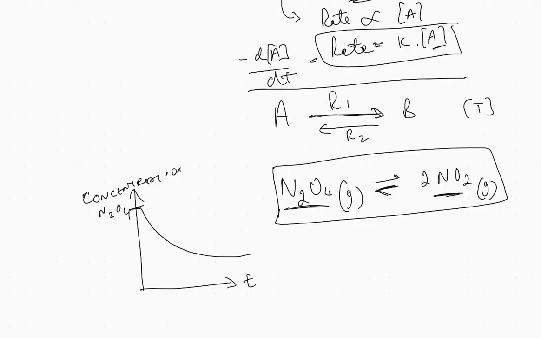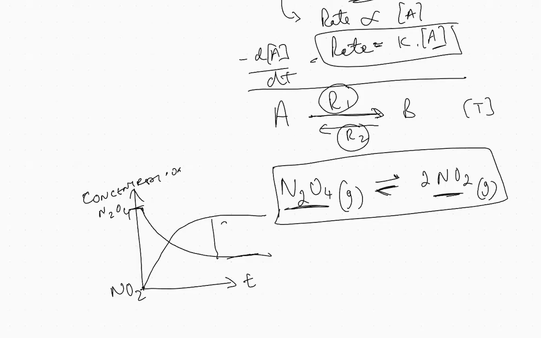Normally, if it is only one way, this reactant disappears and the product appears, so at the beginning the product is 0 and it slowly goes up. At one point, this forward reaction and the backward, or reverse, reaction become equal. When they become equal, that is when equilibrium is achieved. This area is where those two rates become equal and equilibrium is achieved.